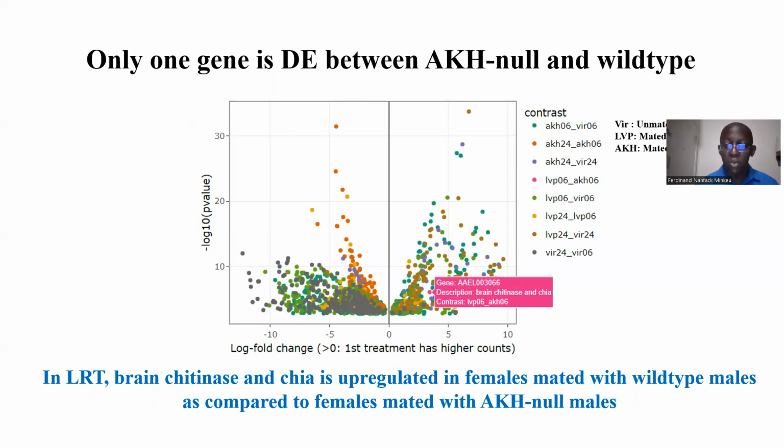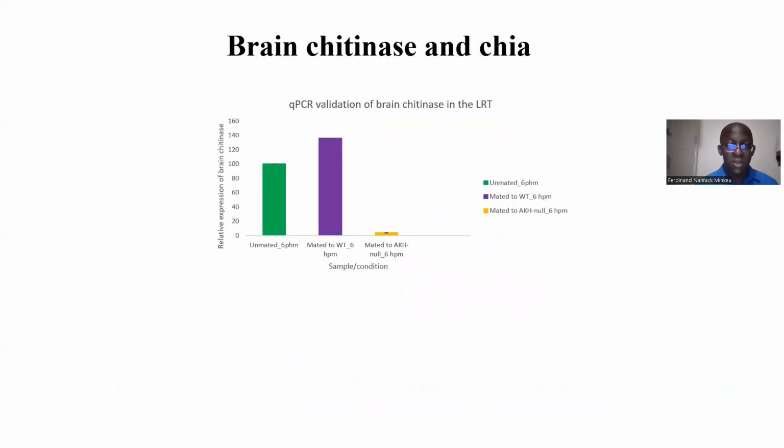So this gene was upregulated in the females mated with the wild type males as compared to the females mated to the AKH null males. It was a great surprise for us to see just that one single gene. The question was whether it was a false positive, so we did a quick PCR to confirm that upregulation in the females mated to the wild type males.